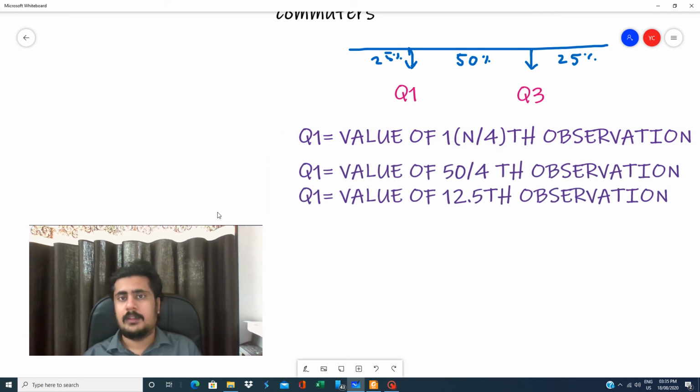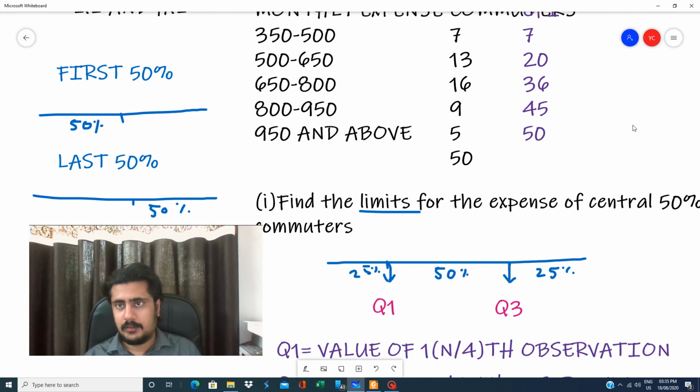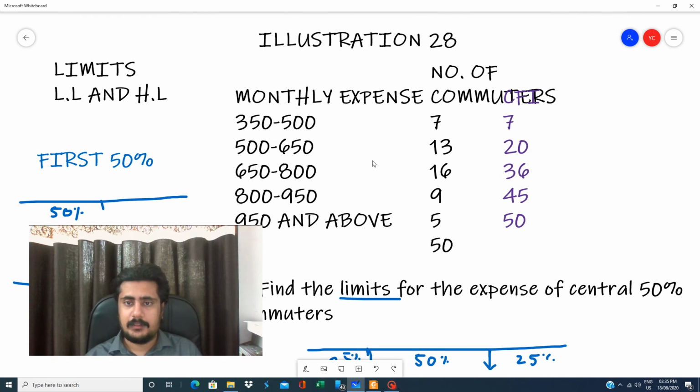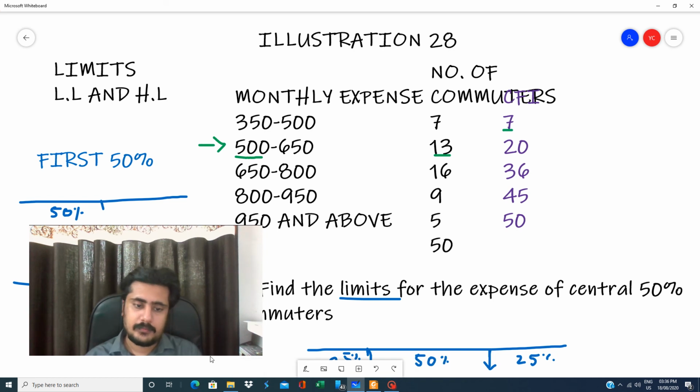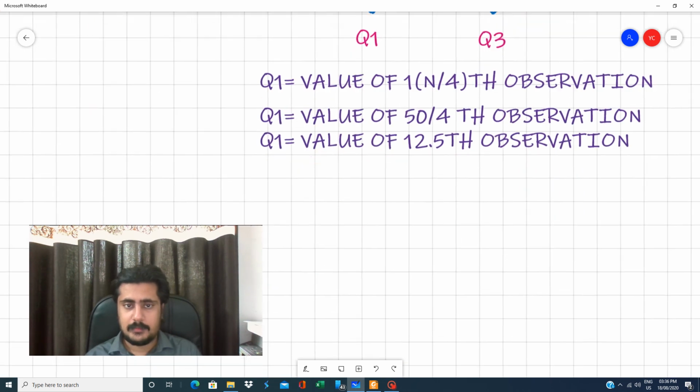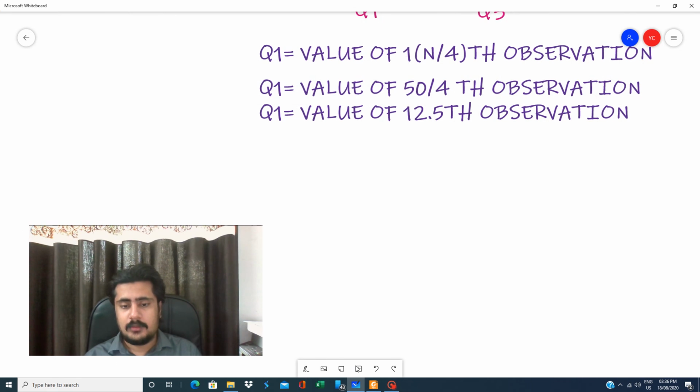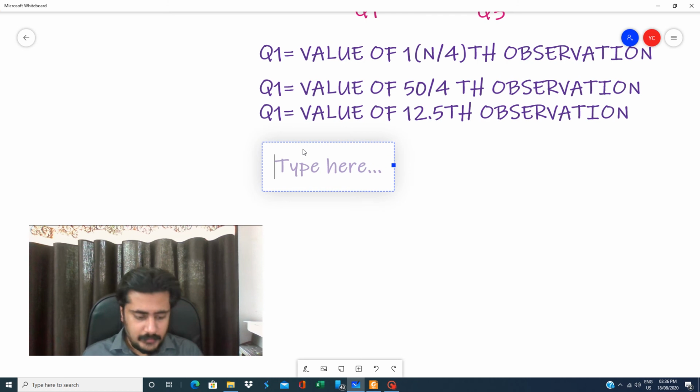Now, what is this 12.5? This 12.5 will be in the class 500 to 650. Now, you should know that this class is selected. This is my lower boundary, this is my frequency, and this is my cumulative frequency. So now I'll write the formula.